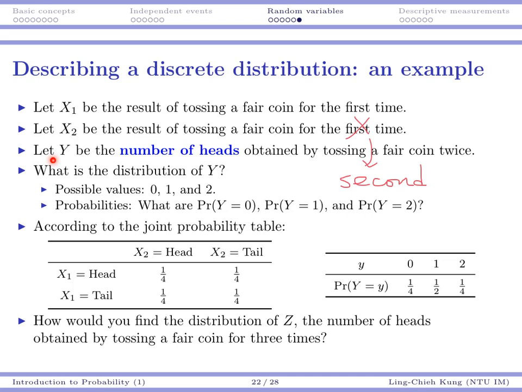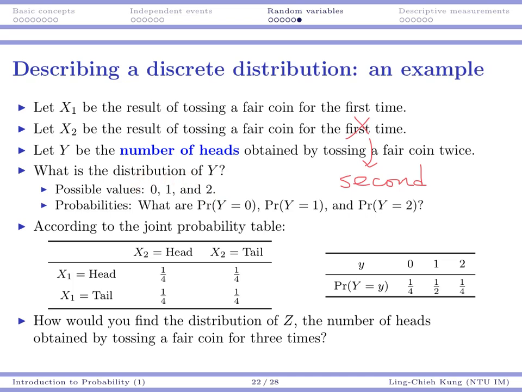And then I write y to be the number of heads I can get by tossing this coin twice. And then I want to know the distribution of y. The possible values are 0, 1, or 2, right? You toss a coin twice, so the maximum number of heads you may get is 2. So the possible values are 0, 1, and 2.